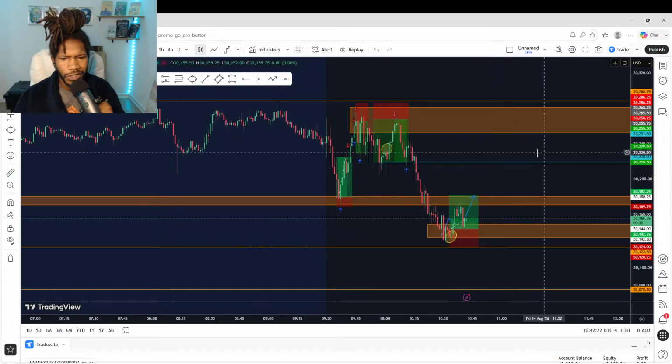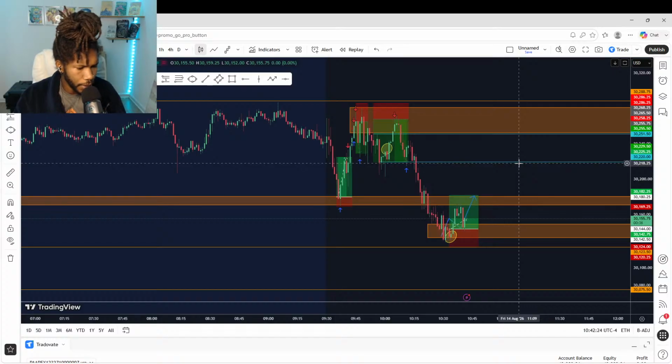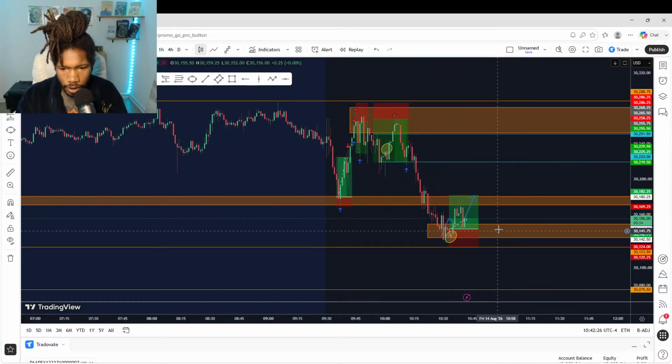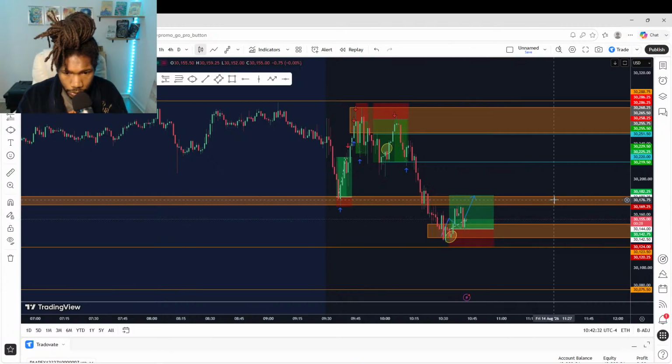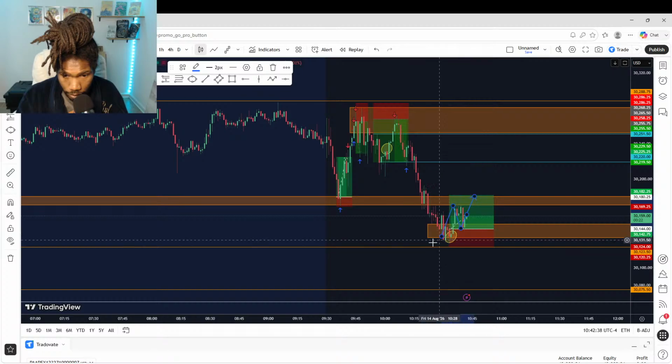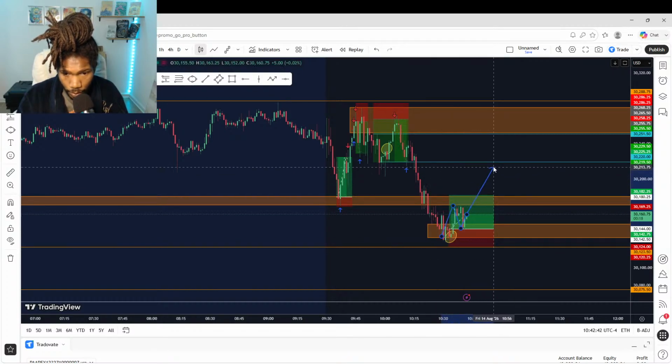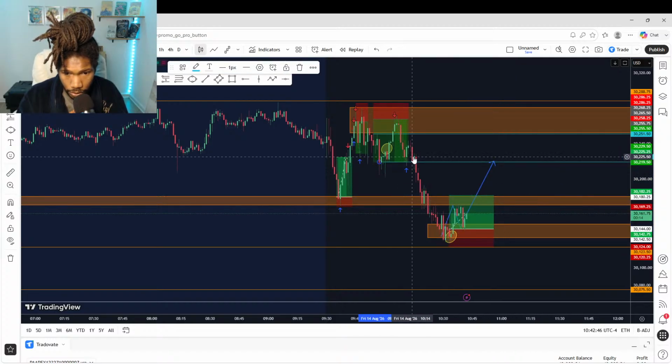If your terminal starts acting up, it might be time to just shut down, because it's doing exactly what I anticipated. That break retested this level. Now we needed to push up. The only thing I didn't fully analyze is the full push up and then a retracement. But if that's the case, this bad boy could definitely push up to this order block, this continuation pattern.